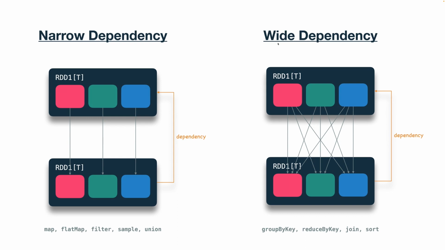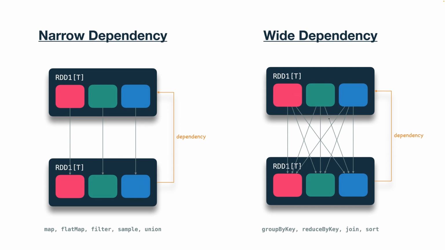On the right side, we can see the wide dependency, and that's defined when a record in the child partition has one or more dependencies to other partitions in the parent. So for example, if we have a join, we want all the records with a specific key to end up in one child partition. So the records with the value of the key we're looking for could be distributed here among all the partitions.